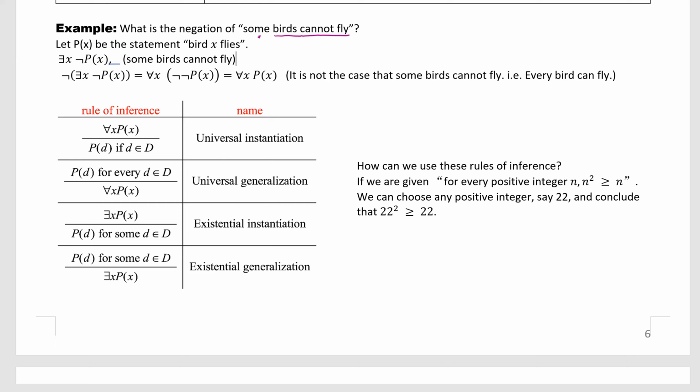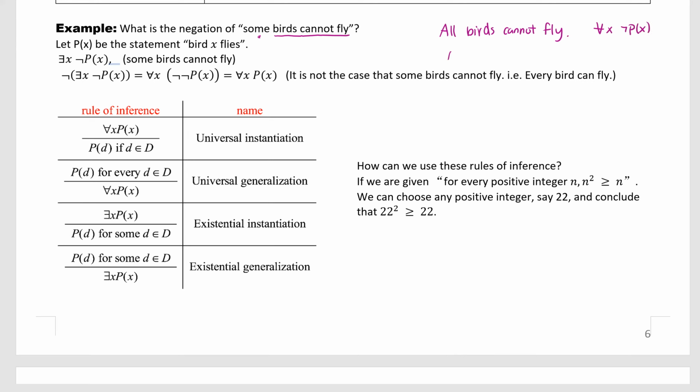Okay, we can do more. How about all birds cannot fly? In this case, we have for all x, not P of x.